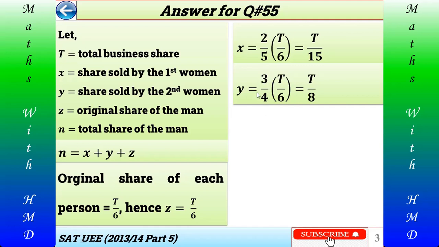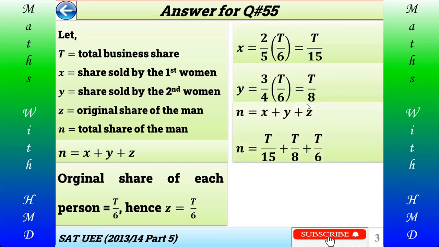So the remaining part is 3/4 of her share. If 3/4 of her share is sold to the man, then Y becomes 3/4 times T/6, which is 3T/24. This implies T/8.